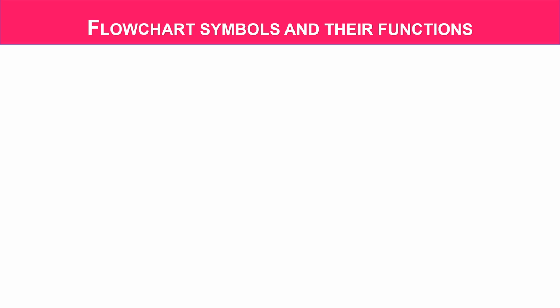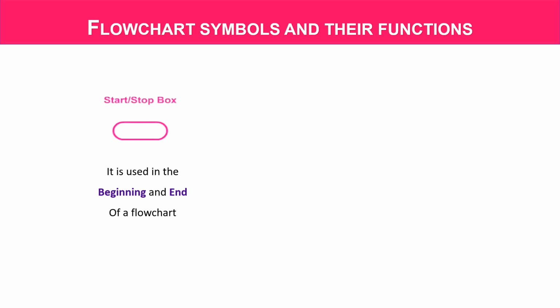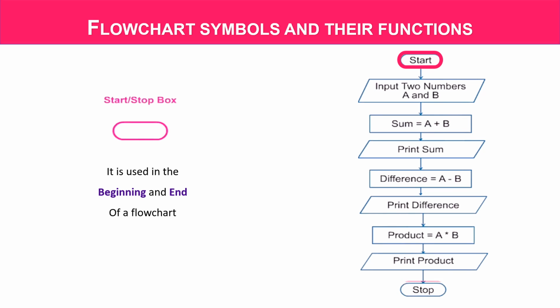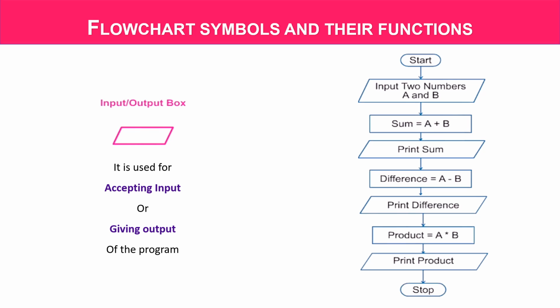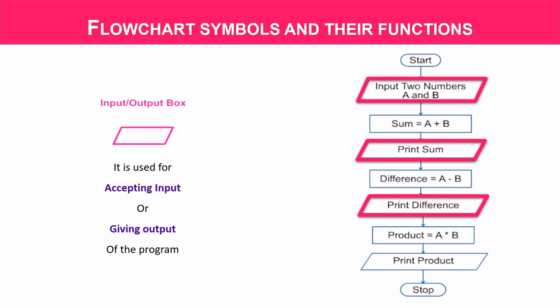Let's talk about the functions of each of the symbols mentioned earlier. Start or stop box. It's used in the beginning and the end of a flowchart. Input or output box. It's used for accepting input or giving output of the program.